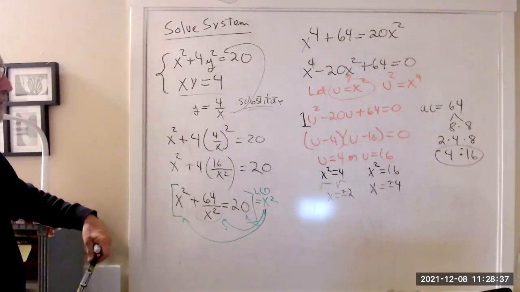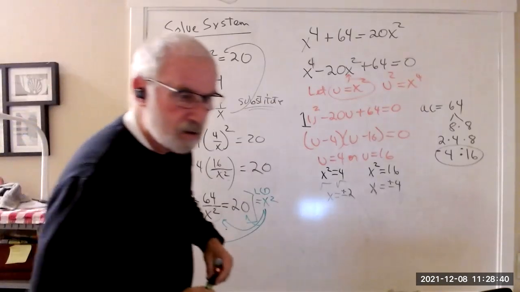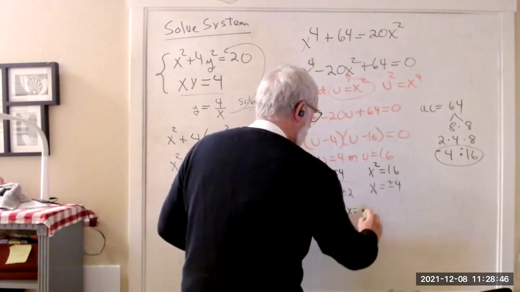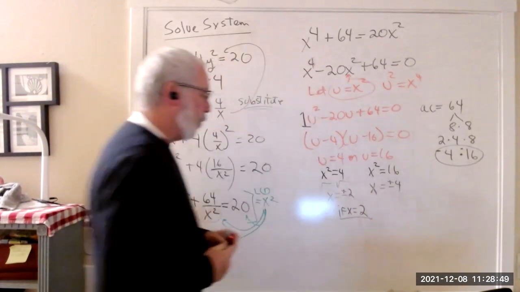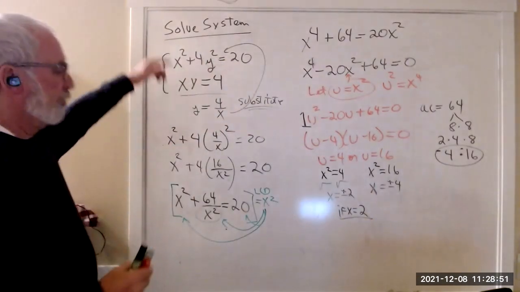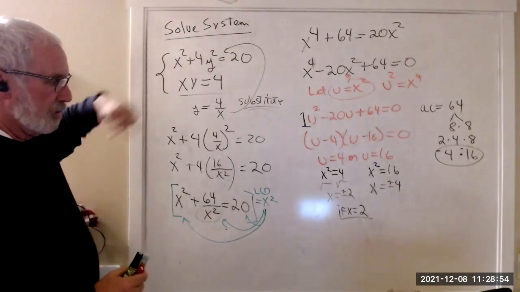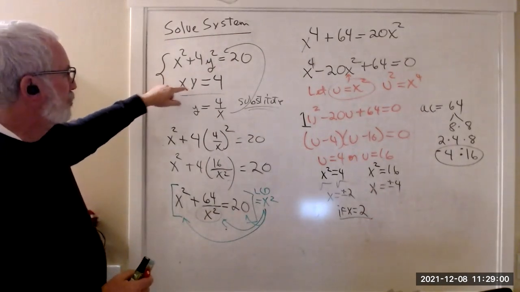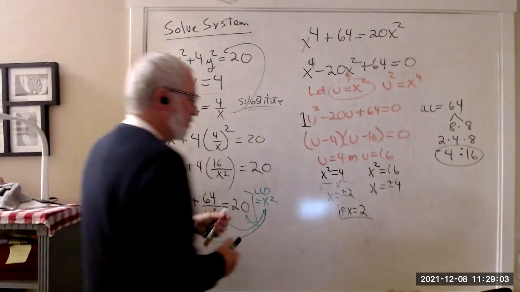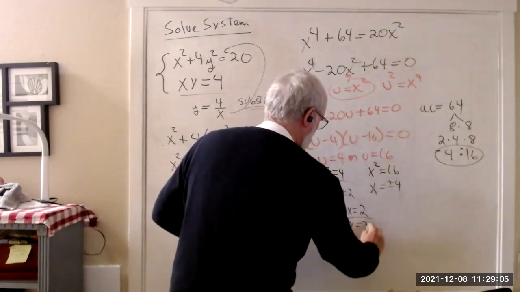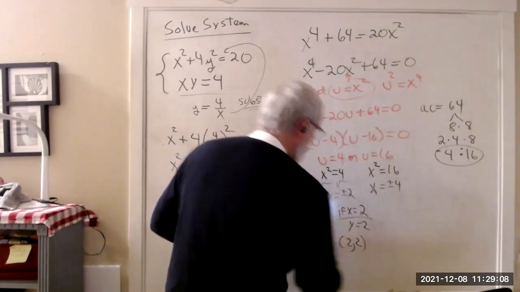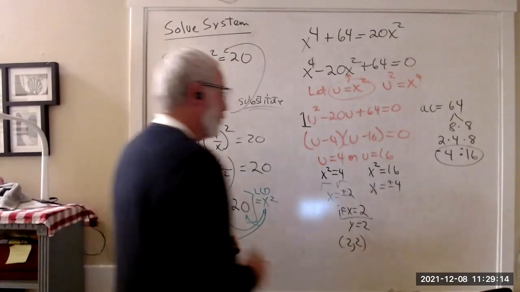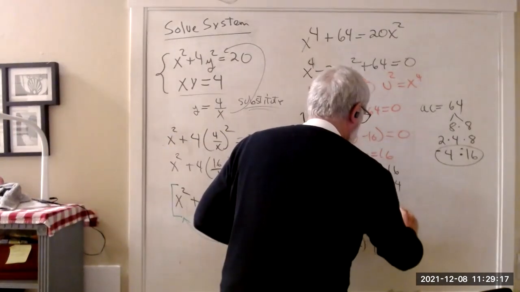Well, what if x is 2? Where would it be easier to plug 2 for x in? I think right there. If x is 2, 2 times what makes 4? Well, y is 2. So this is 2 comma 2. When x was 2, y was 2. What if x were negative 2?